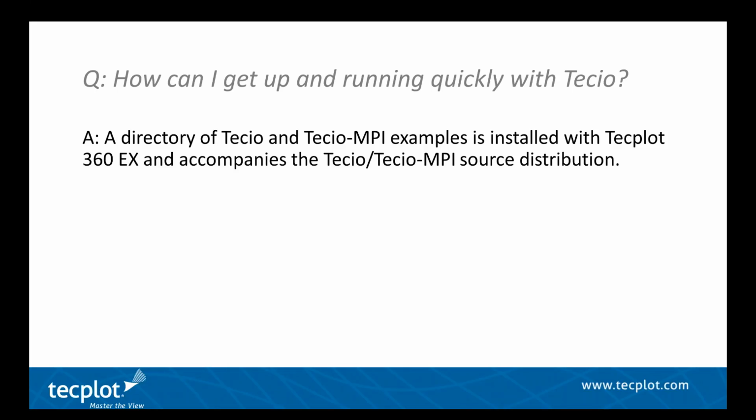And these examples cover pretty much every feature of TecIO and TecIO MPI, so they should get you up and running pretty quickly. Just pick whichever example is closest to doing what it is that you want to do with your code, and start with that and then modify that code as you need to. Sounds good.